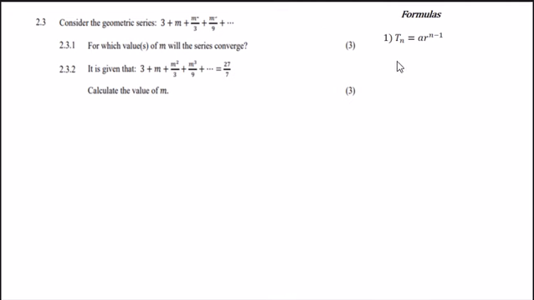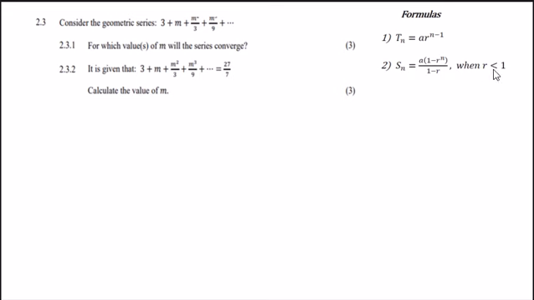The second formula that you have to consider is this one. This is the formula for a sum. A sum, remember, is when all the terms are added together. We use this formula to find the sum of the sequence or the sum of the series.